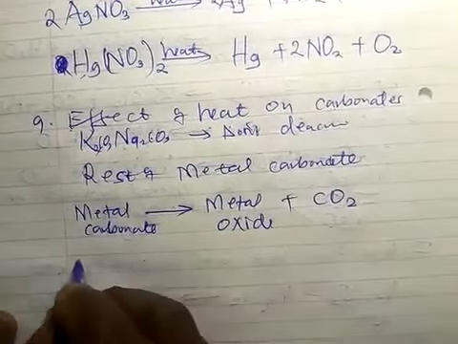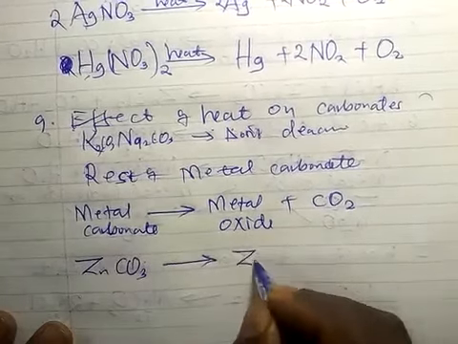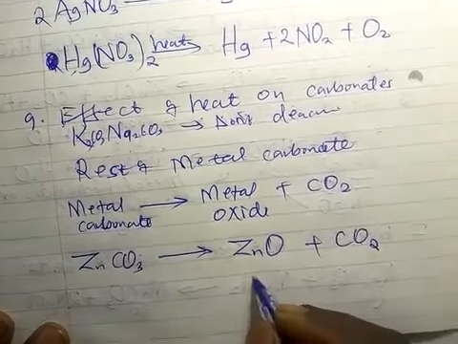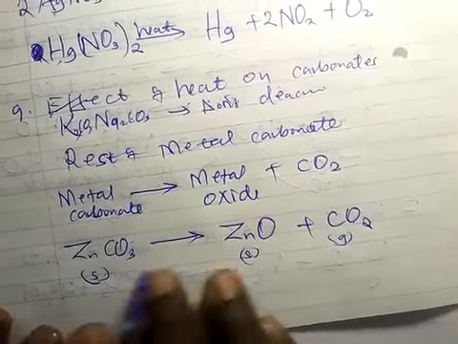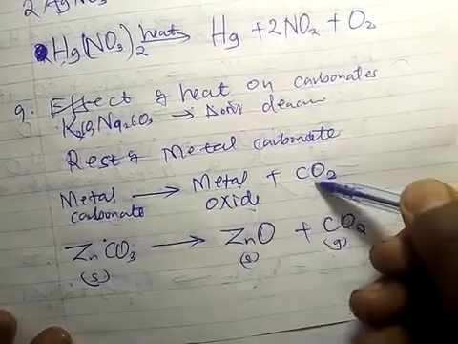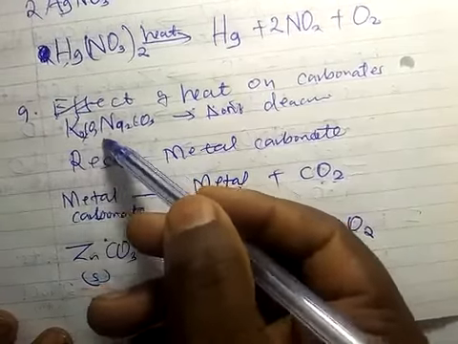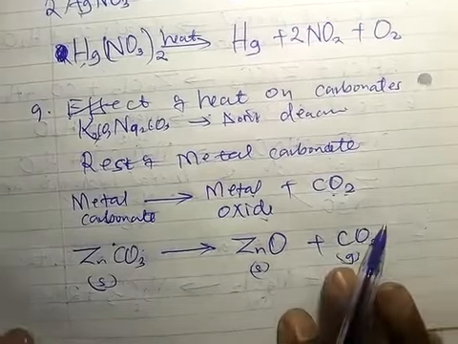For example, you can take zinc carbonate. It will decompose to give you zinc oxide plus CO2. So all carbonates will decompose to give you the metal oxide plus carbon 4 oxide, except potassium carbonate and sodium carbonate, because they do not decompose on heating. Other reactions that you must also know.